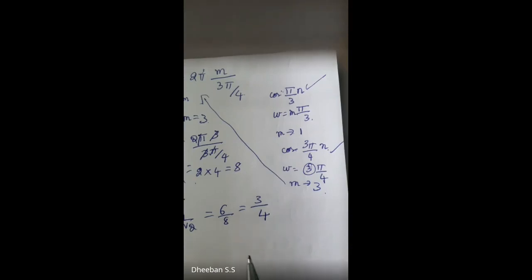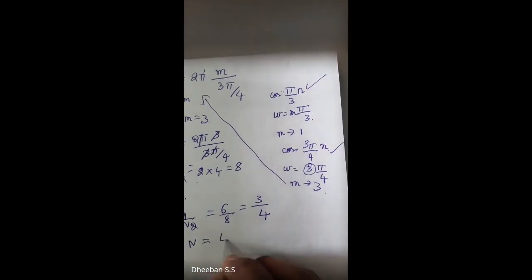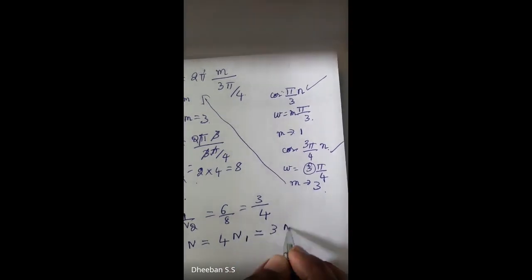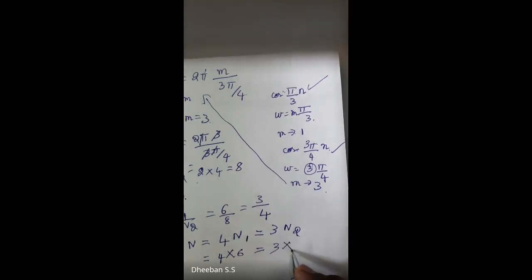So now you can say the period N will be equal to 4 times n1, and at the same time equal to 3 times n2. Putting in 4 into n1, where n1 is 6, it will be the same as 3 into n2, where n2 is 8.